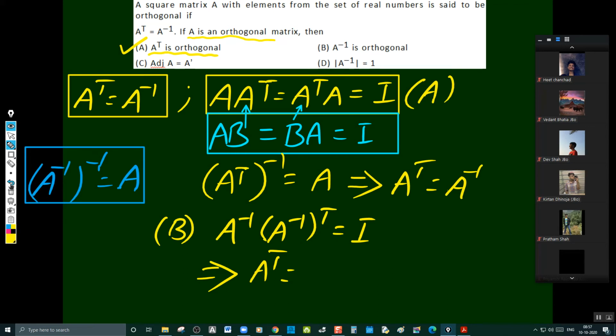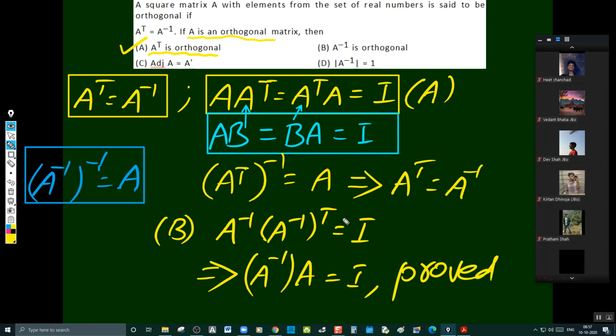Just a moment, what I'm doing. A inverse into, I need A inverse whole transpose. What is A inverse whole transpose, please? A is equal to I, proved.